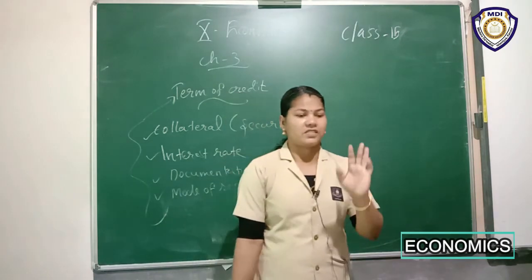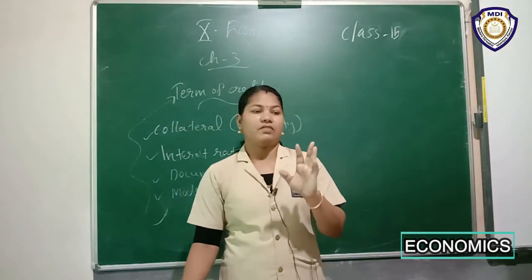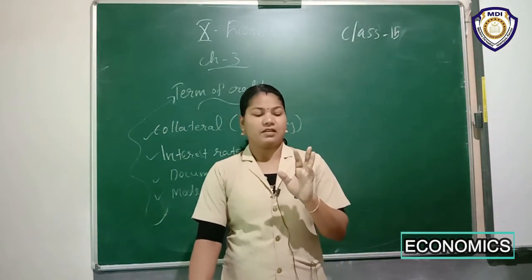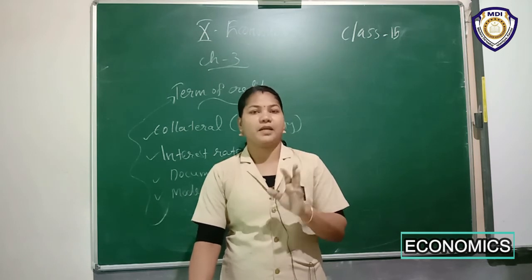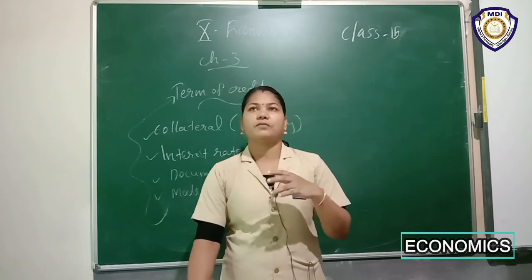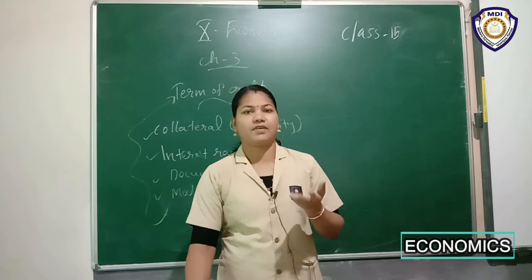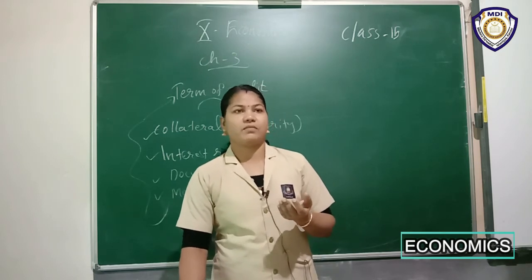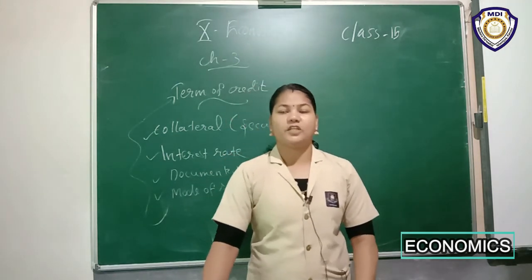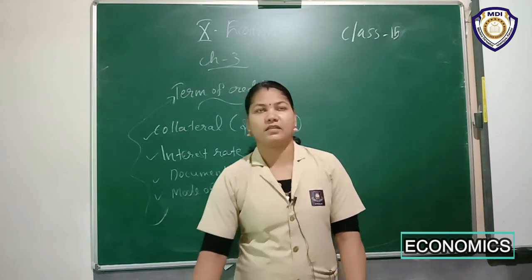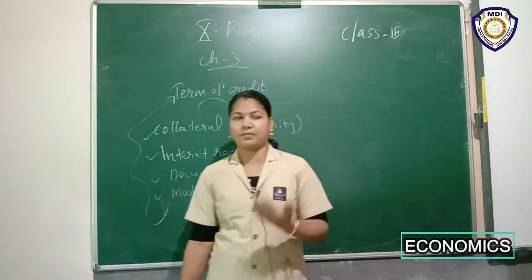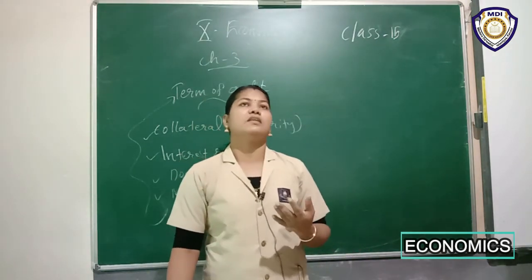Money and credit, firstly we discussed on which occasion. Here money is used as a medium of exchange, and also in the initial time, what items were used as money, and what is the demerit of the barter system. Then we know that there is the double coincidence of wants and so many things.